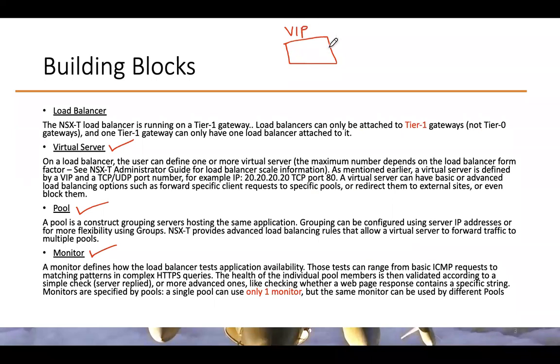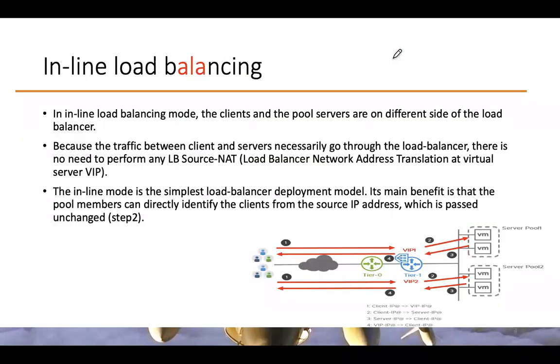So VIP is a virtual IP, and these are the pool members sitting behind a VIP, and this is the happy user. This happy user will be accessing the VIP rather than the servers in the background.